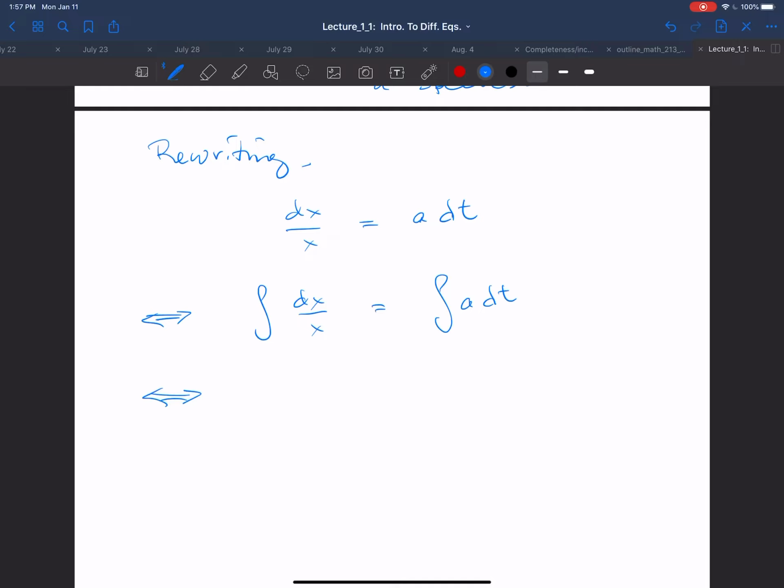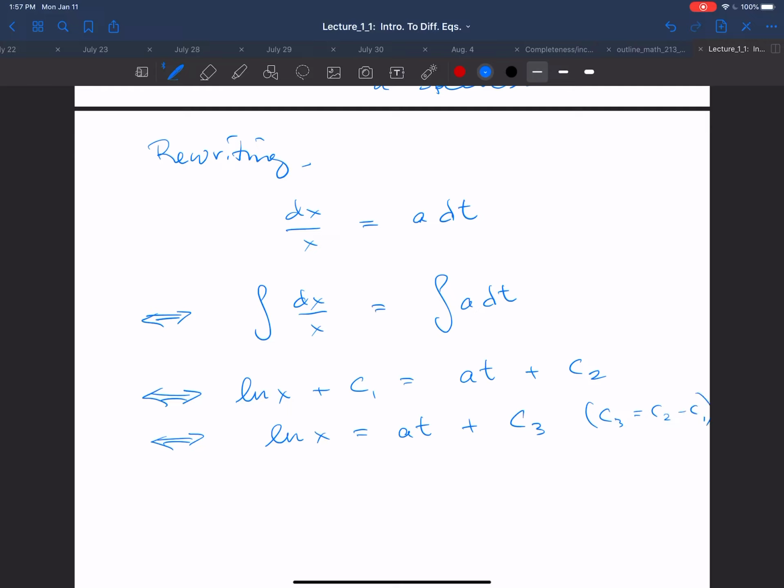Now we're using indefinite integrals here, so the integral of dx over x will be ln x plus some constant of integration c1. The integral of a dt will be at plus another constant of integration, say c2. Okay. So in other words, we can write ln x equals at plus a constant c3, where c3 is c2 minus c1.